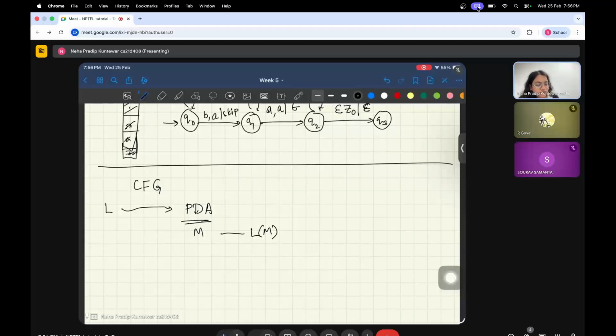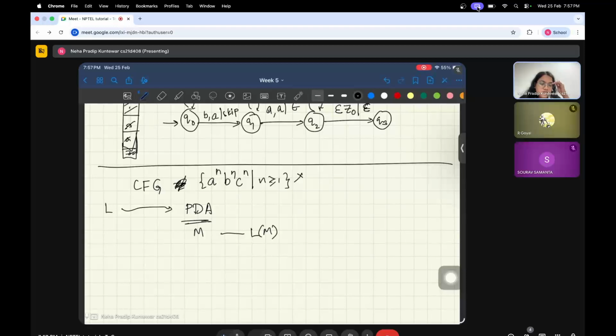One example that you have seen earlier is a^n b^n c^n. We know that this is not a context free language, so equivalently you cannot come up with a PDA for accepting this language.